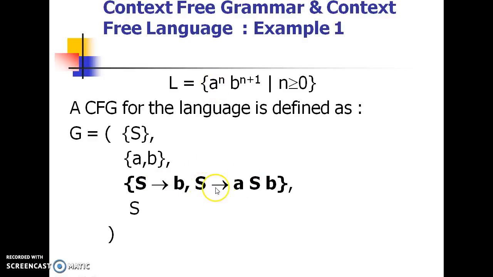The production S giving aSb will generate all the strings consisting of an equal number of a's and b's, and as we need one additional b in order to accept the string, the production S giving b will result in that. The starting variable is taken as S, as there is only one variable in the definition.